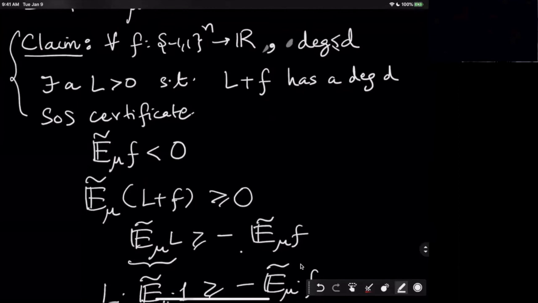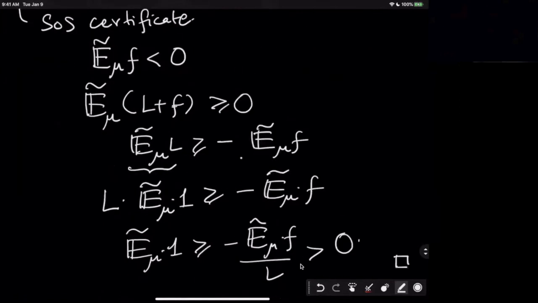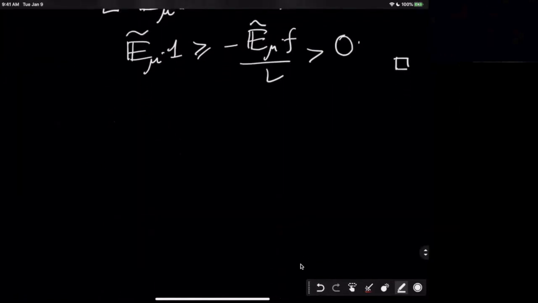Look at the special case of D equals 2n. In that case, the claim is simply saying that for every function, however negative, there is a number you can shift it by to make it always non-negative. I was just trying to point out that it's an analog of that statement, so you should believe it to be true. But let's not believe it anymore, because we can prove it.